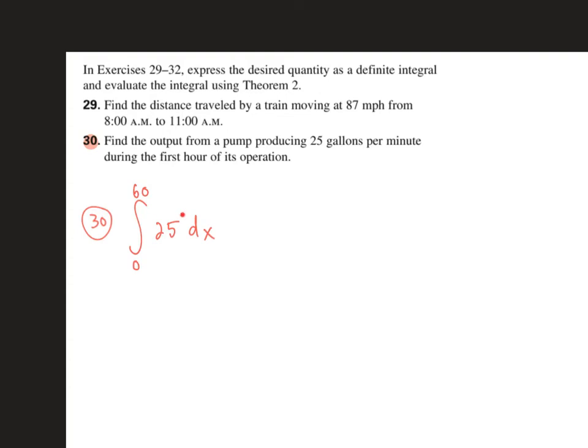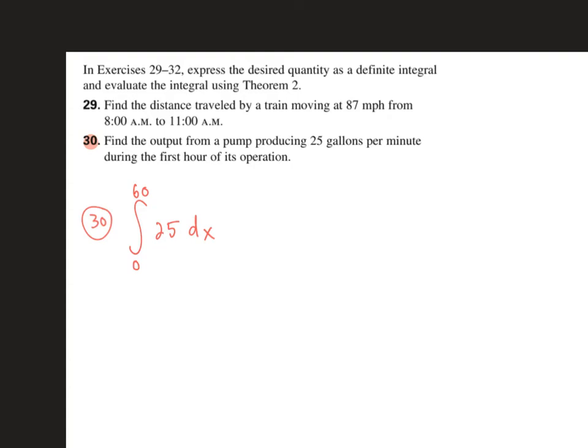Just so you know, when we're integrating with word problems, this function is almost always a rate. It'll make more sense once we get into this more. It doesn't have to be a rate, but it is most of the time.